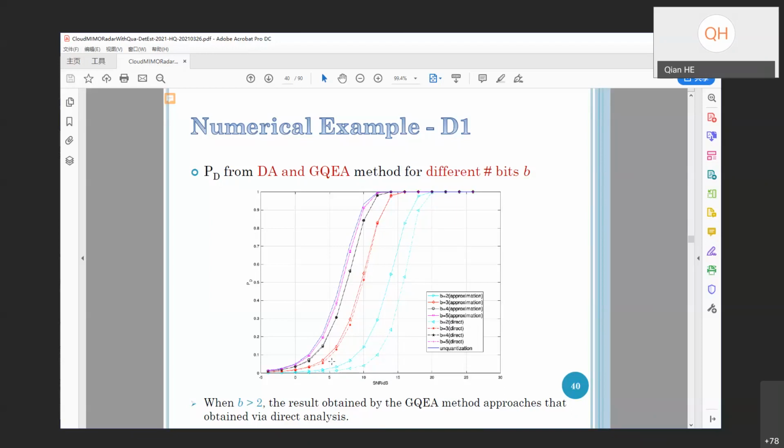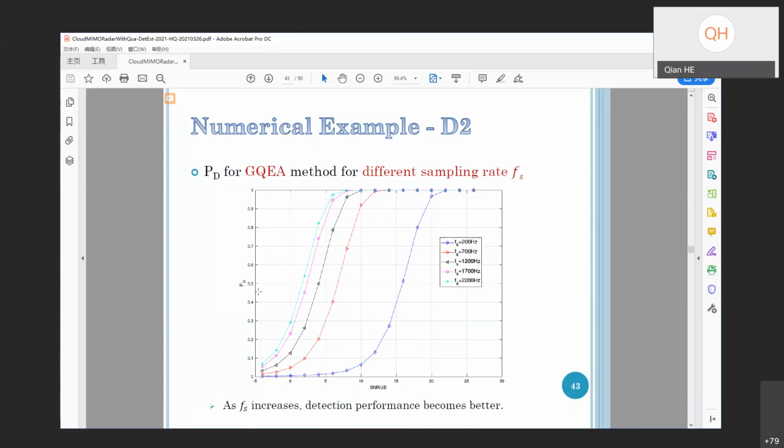And you can use our approximation to do the performance analysis. So it will work in practice. But of course, you have to take into account some other things, like the channel between the local sensor and the fusion sensor. You have to think about things like clutter interference. But I think this is a very important first step.